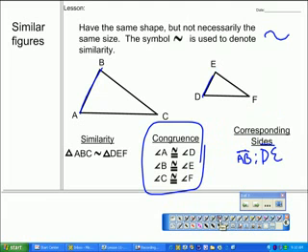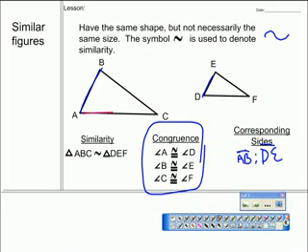We did triangle congruence. This is similarity. It's a little bit different. Okay, AC corresponds to what side in DEF? AC corresponds to DF. And then finally, of course, the last two, BC, would have to correspond to EF.